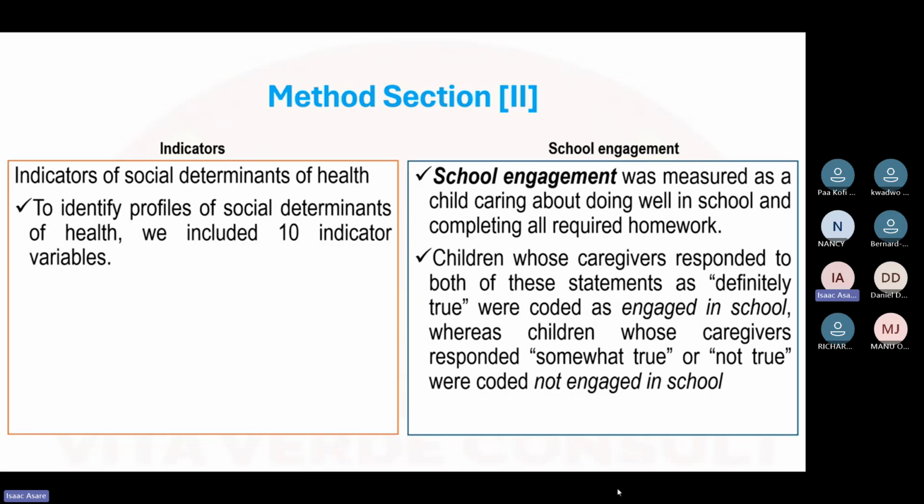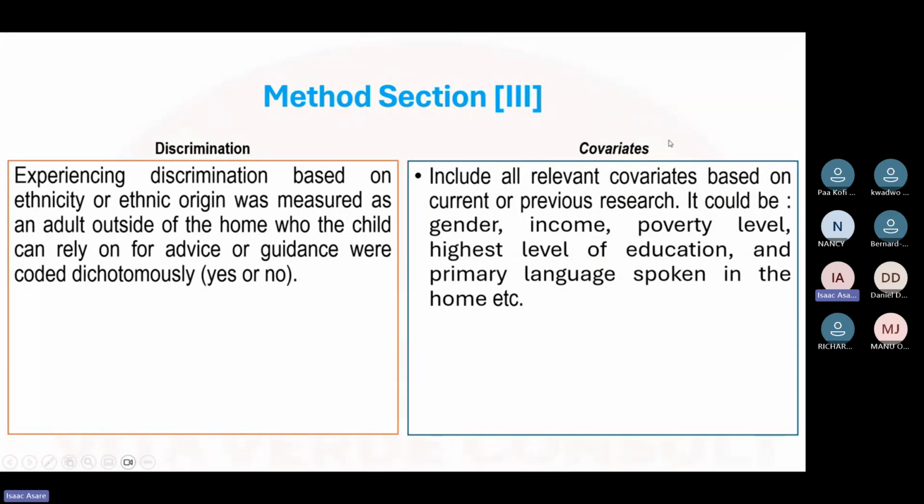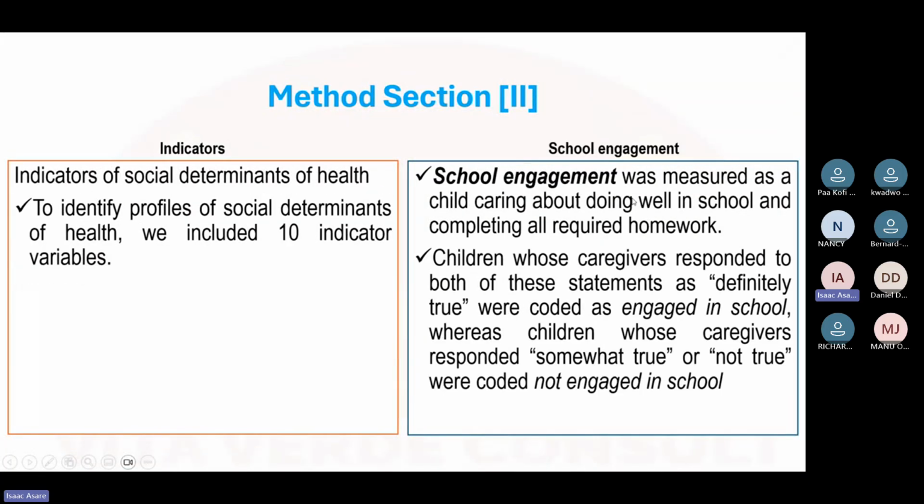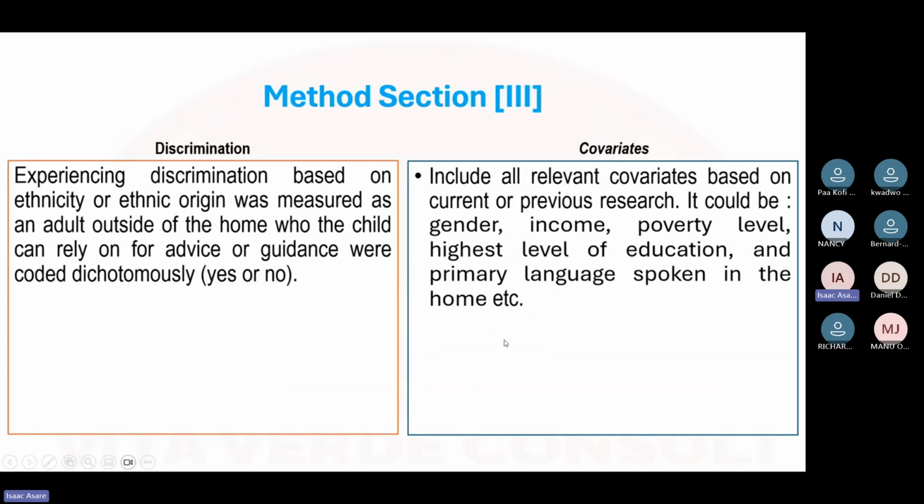Let us know how you went about it. If it is true or false, let us know true or false. If it is just yes or no, let us know. It is very, very important. Then other variables too should also follow. So all the variables that you have in your study, you should be able to state clearly how you measured them.